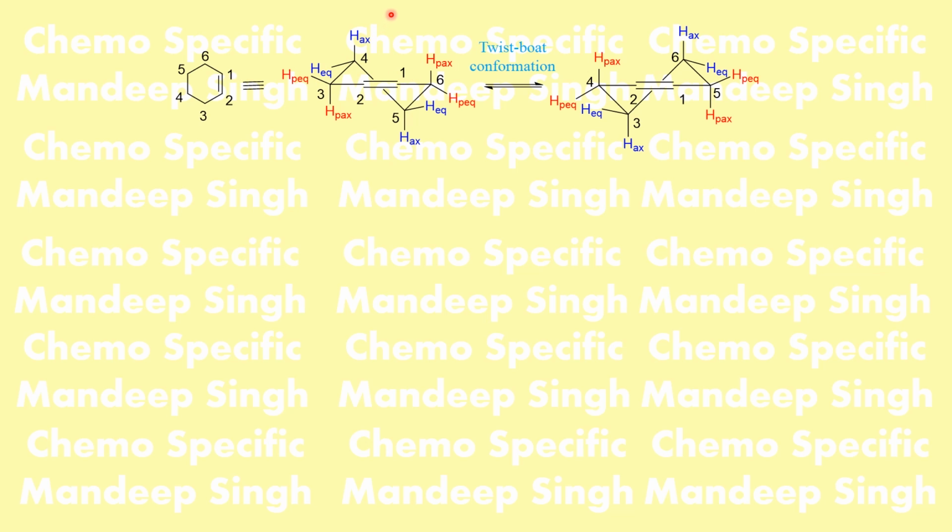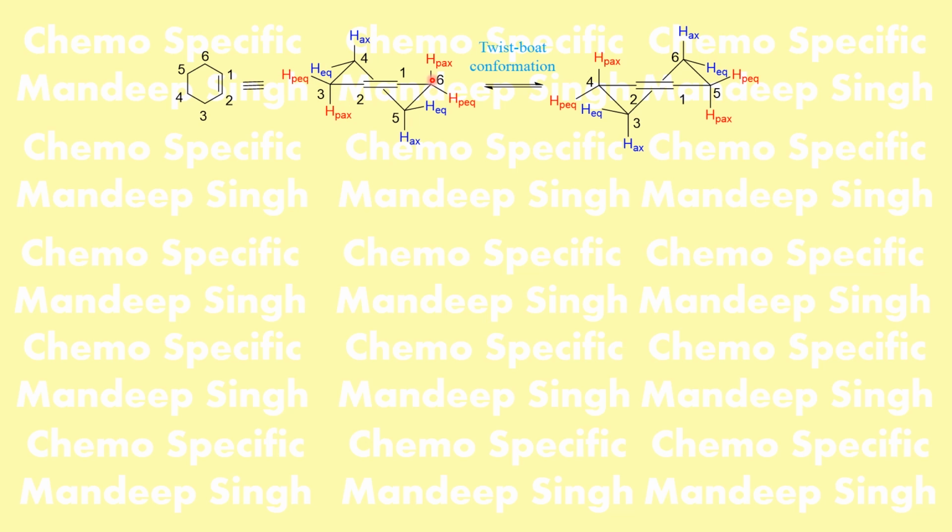The one thing that we have to do is always view from the top. Whatever I am showing here, just view it from the top for better understanding. So these carbons 4 and 5 are axial and equatorial. Now just notice carbon number 3 and carbon number 6.